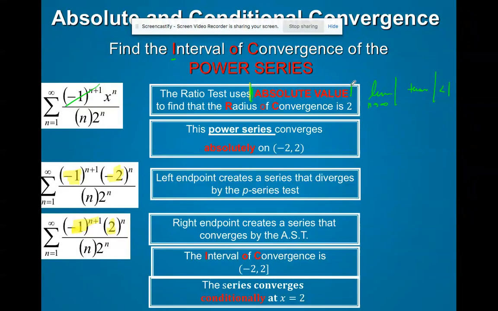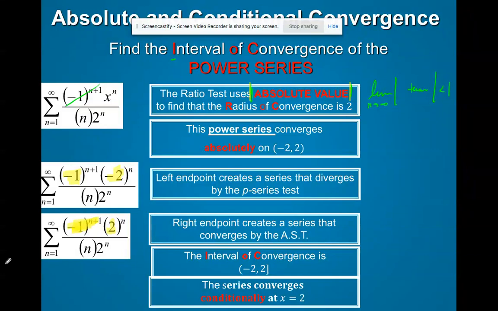You use the ratio test on those numbers, which made it absolute, which means when the signs were all positive, you got convergence. Therefore, if you add a sign alternator, it's just going to make the sum smaller, so it's obviously going to converge as well. The left endpoint is just out of discussion because it created a divergent series. The right endpoint did converge, but the convergence depended on the sign alternator. So you say the series converges conditionally at that right endpoint.